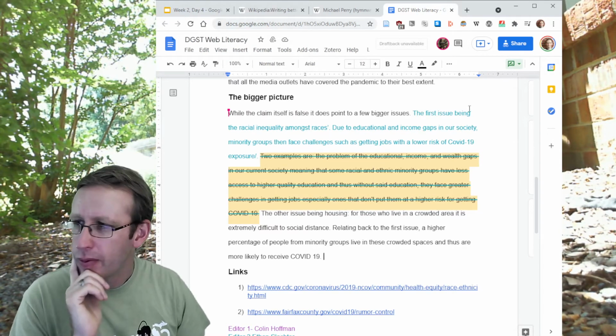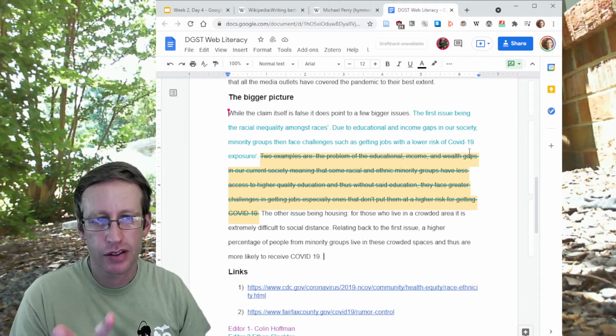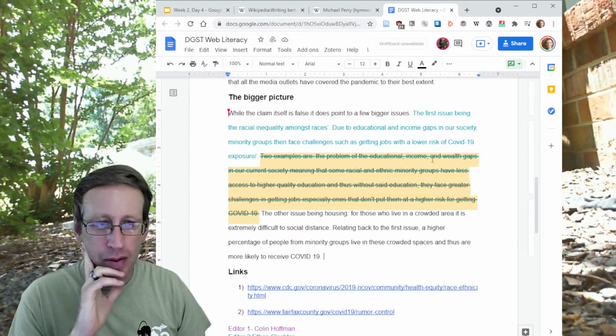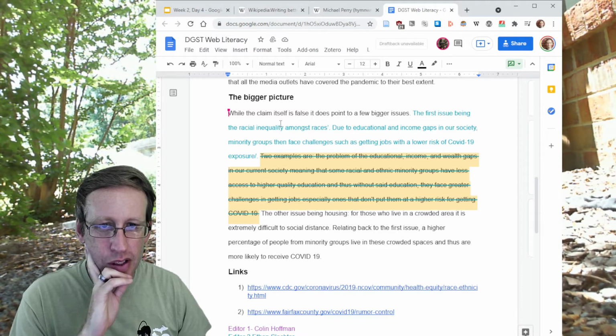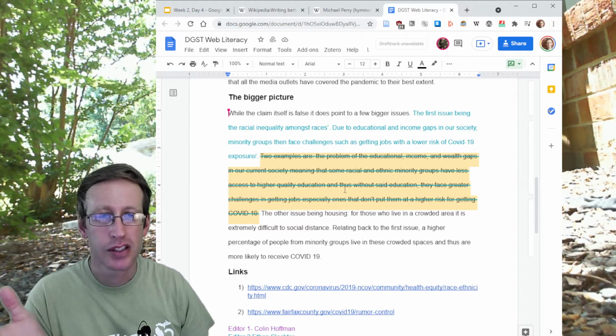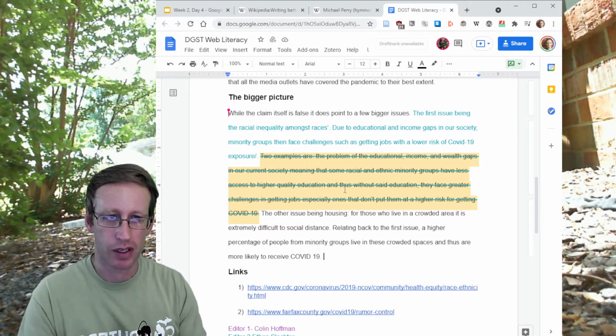Okay, so I'm going to give you pretty detailed copy editing advice, if that's all right. So, the claim itself is false. It does point to a few bigger issues. Correct. I think that's a good transition into this final section of this paper, or this article.